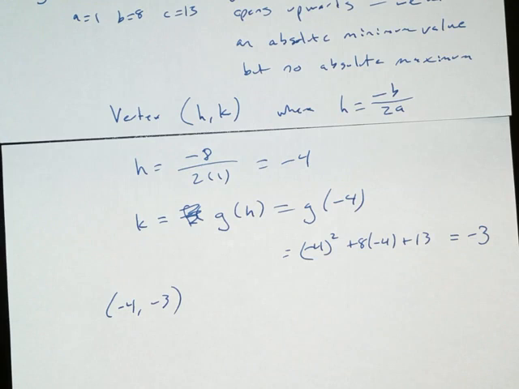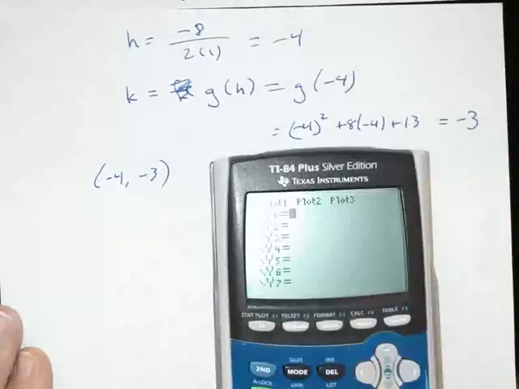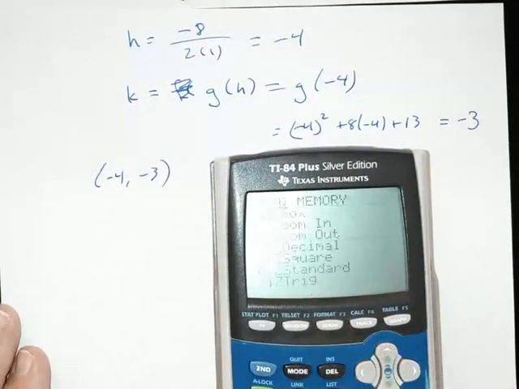I can check, because I have this amazing piece of technology in front of me that allows me to graph parabolas and other things. So I can graph my g of x here: x squared plus 8x plus 13.